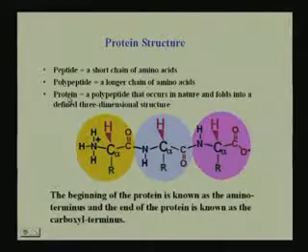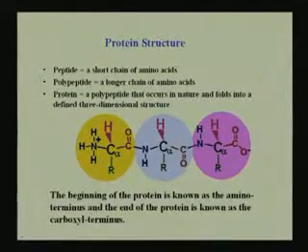A protein is a polypeptide that occurs in nature and folds into a defined three-dimensional structure. We're going to understand exactly what this means. This means that all proteins are polypeptides, but not all polypeptides are proteins.